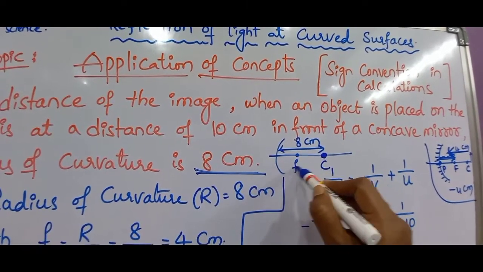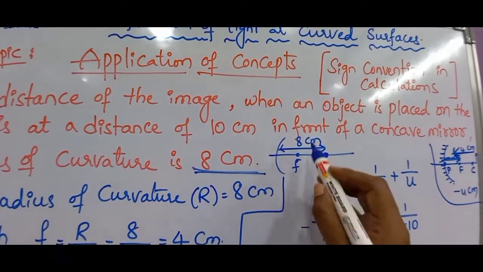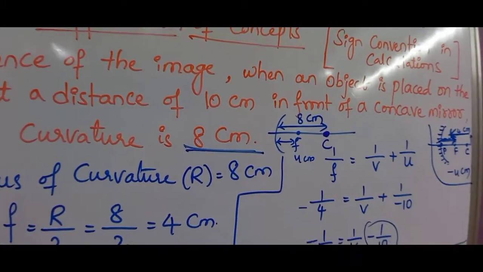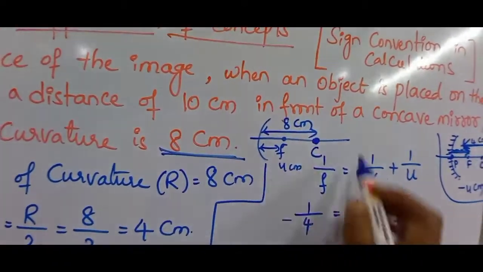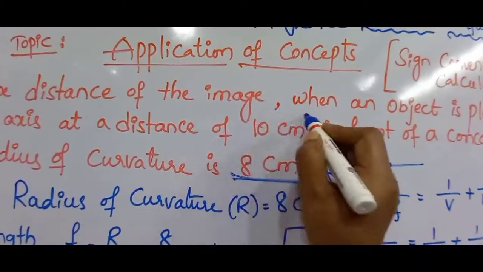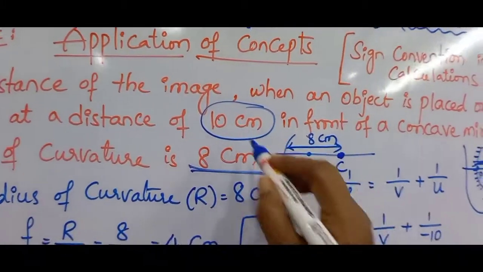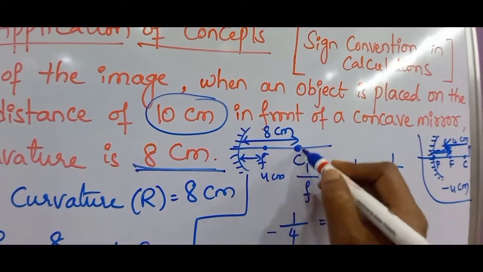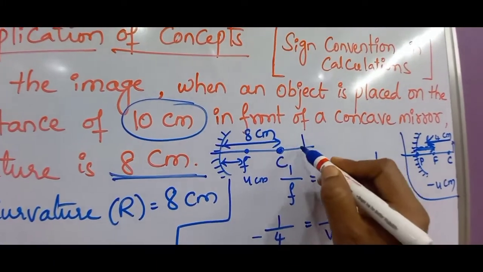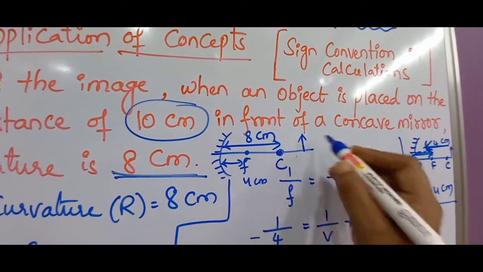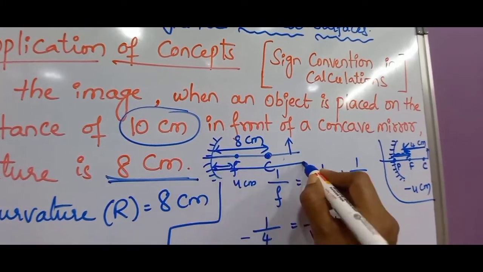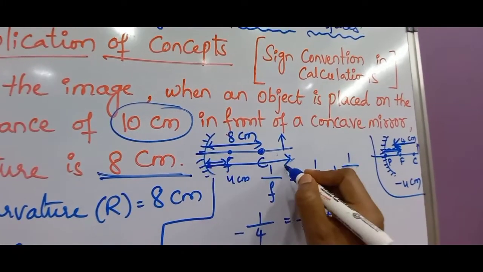Then the focus will be here at exactly 4 centimeters. Based on this, what we have guessed is that the object is placed 10 centimeters from the mirror. That means up to the center of curvature is only 8 centimeters, so 10 centimeters means the object is placed beyond the center of curvature.